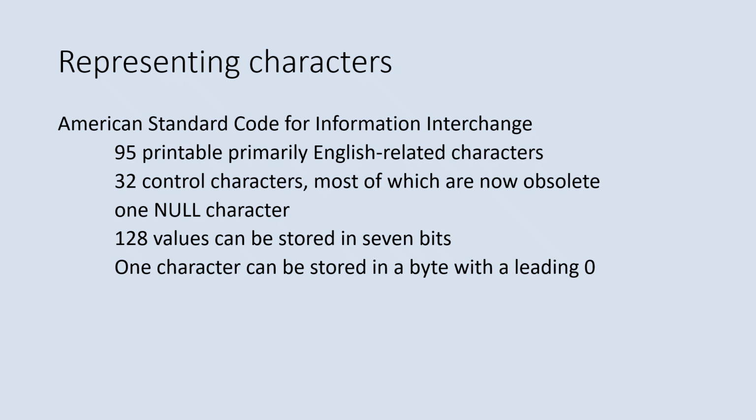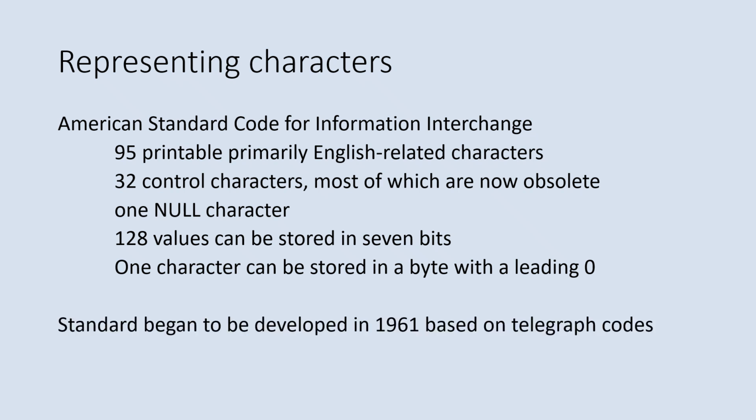Later versions of this standard expand things to use that byte in different ways, so that gives 256 characters, and that continues then with more bytes of data to represent characters you can add to the number of characters. But the ASCII standard began to be developed in 1961 based on telegraph codes and how different characters can be represented in different ways.